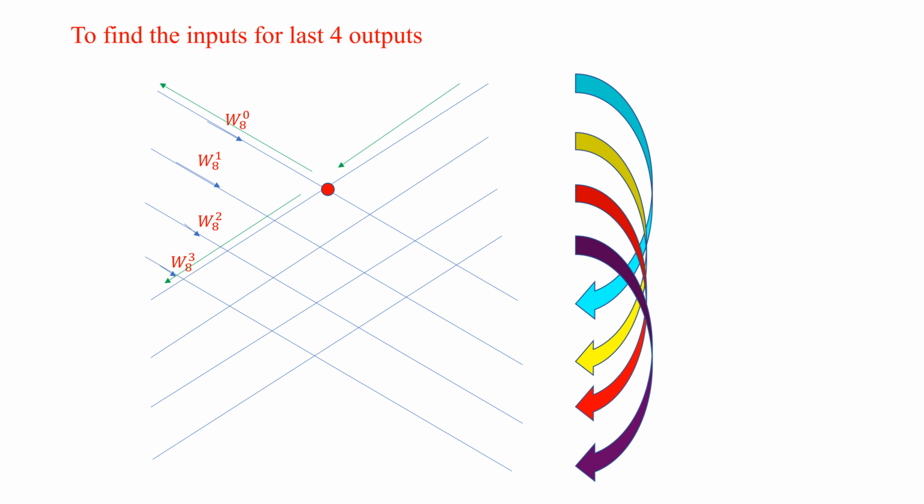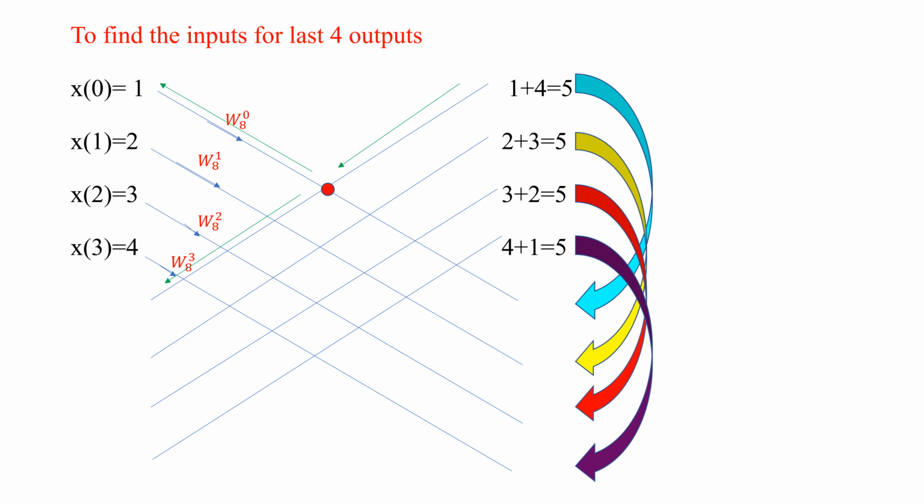Now we are going to find the inputs for the last four outputs. Here we can have a comparison of inputs. That is, we know the inputs of the first four outputs. Now, if you see the fifth output, the inputs are 1 and 4. For the first also, the inputs are 1 and 4.